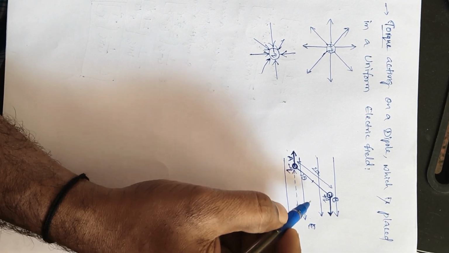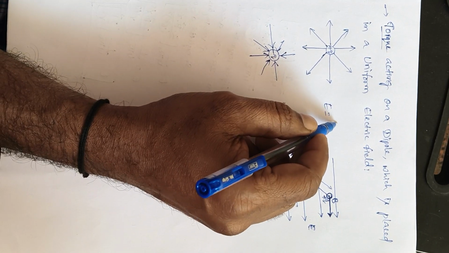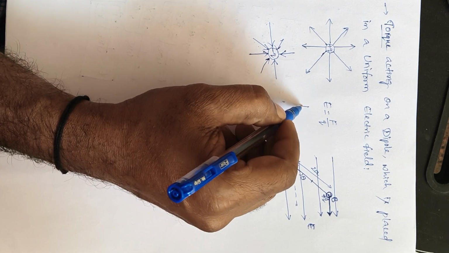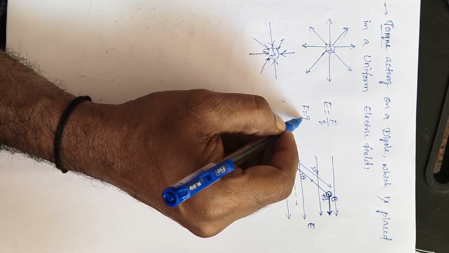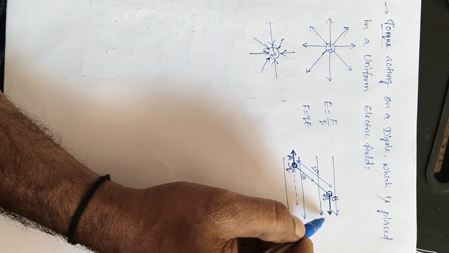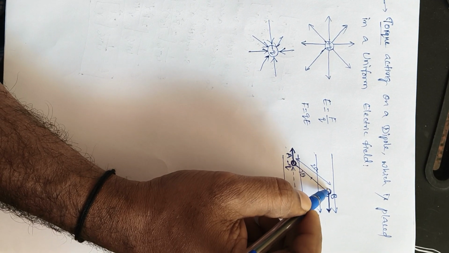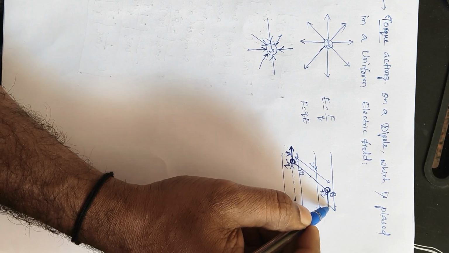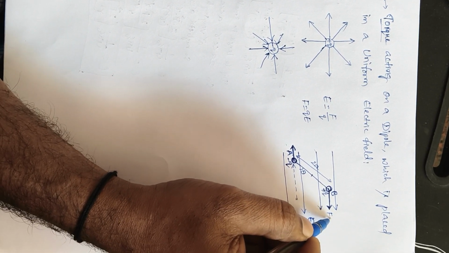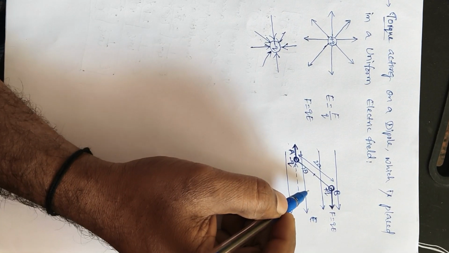Already we know the electric field formula, force per unit charge, so F is equal to qE. Here the electric field acts on both charges, producing certain forces. For the positive charge, the force is F equals qE along the direction of the electric field.